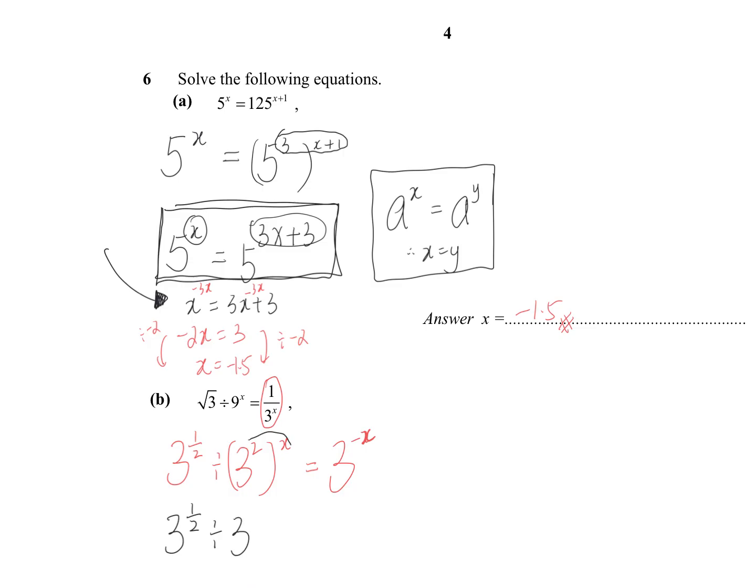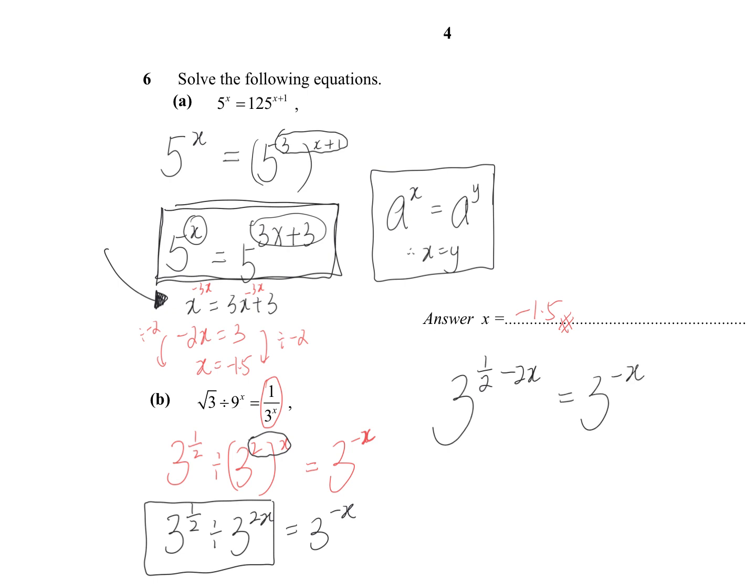This is 2x. And then I can simplify this. When it's divide, I subtract the power. So half minus 2x. Okay, so once the base is the same, the power must be equal. So I can drop the base now.